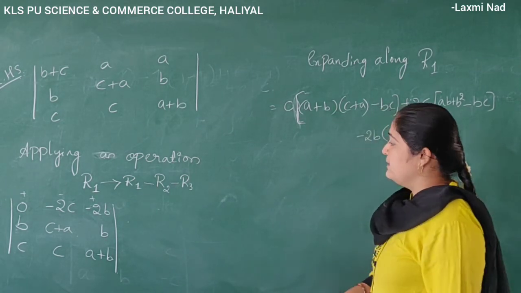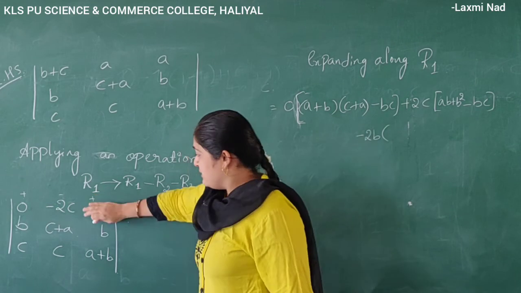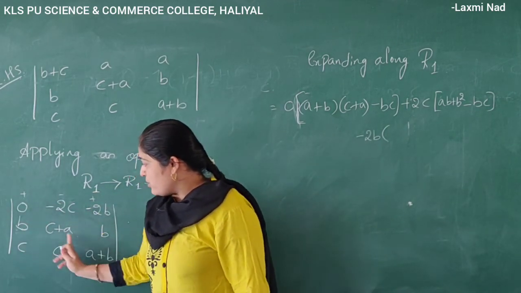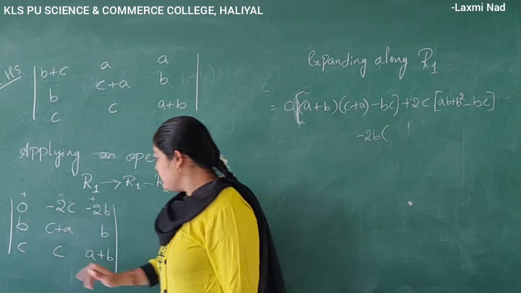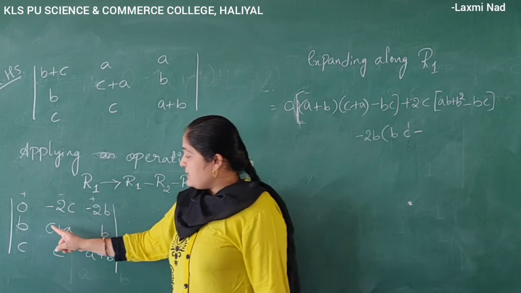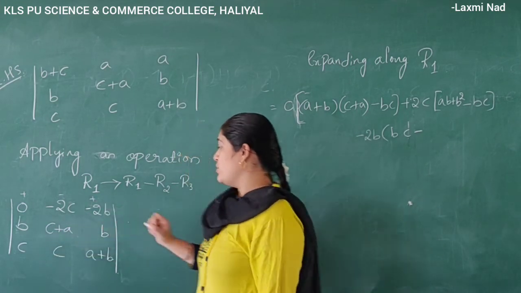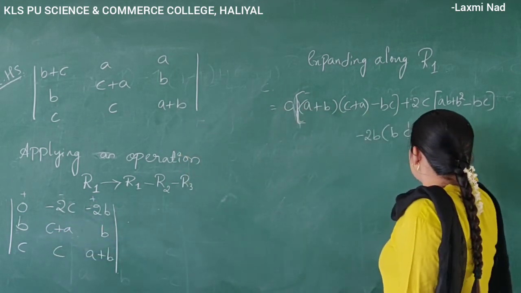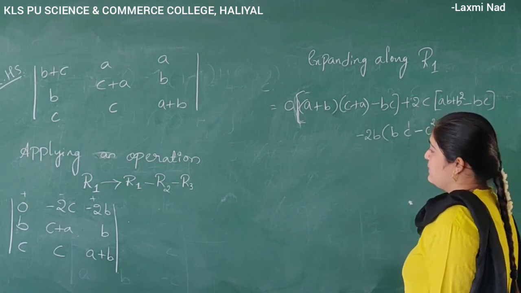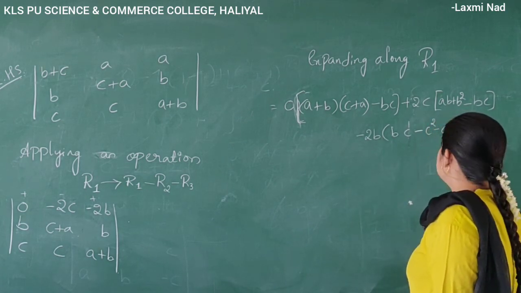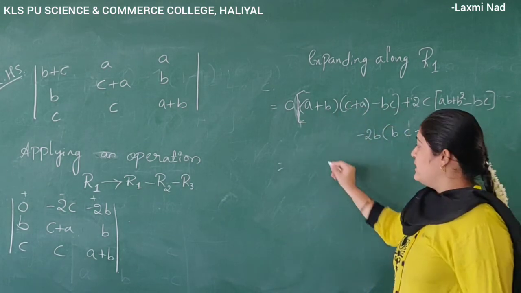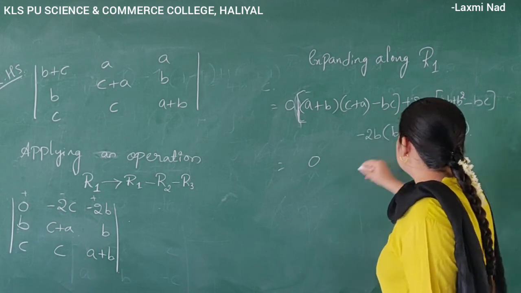Deleting that row and column, you get the second order determinant, that is BC minus, you need to multiply C plus A by C. So you get minus B square minus AC, minus C square minus AC. 0 into anything you will get as 0 only. So plus 2C.